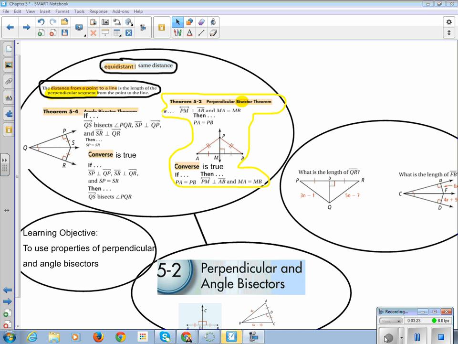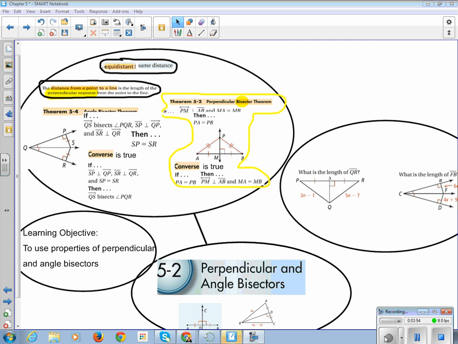If QS bisects angle PQR and SP is perpendicular to QP and SR is perpendicular to QR, then we can say SP is equal to SR. The converse of that is true, but there's so many things in our if statement, I couldn't tell what ifs I needed for the converse, so I wrote down the entire converse.